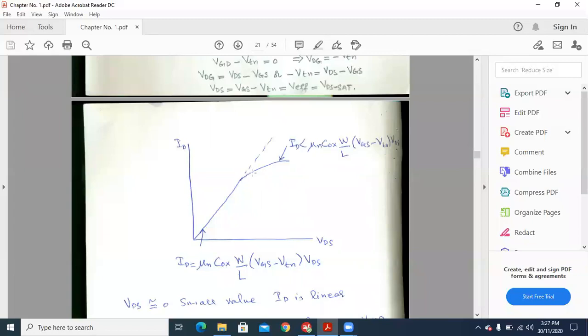You can find this curve as ID is less than or equal to μn COX W by L (VGS minus VTN) into VDS.